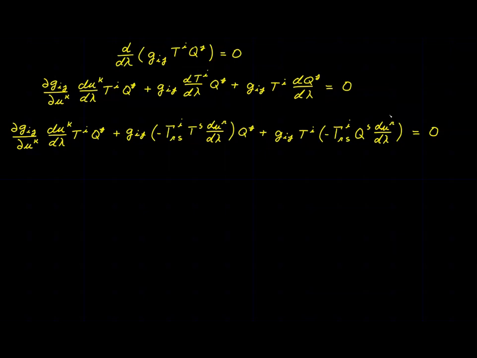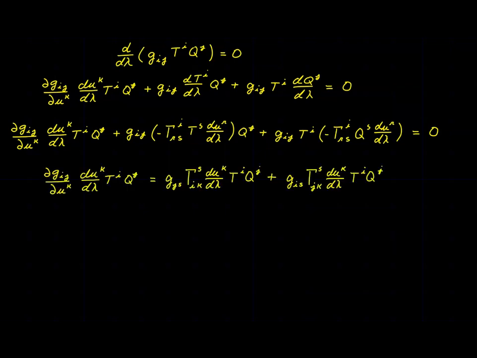Now we can rearrange the expression, and after some simple index swapping and renaming, we get this. Remember that both the metric tensor and the Christoffel symbol are symmetric in the lower indexes. Well, next we can divide out all of the common factors, and that would be these factors right here. They're in each of the terms and will divide out across the board.